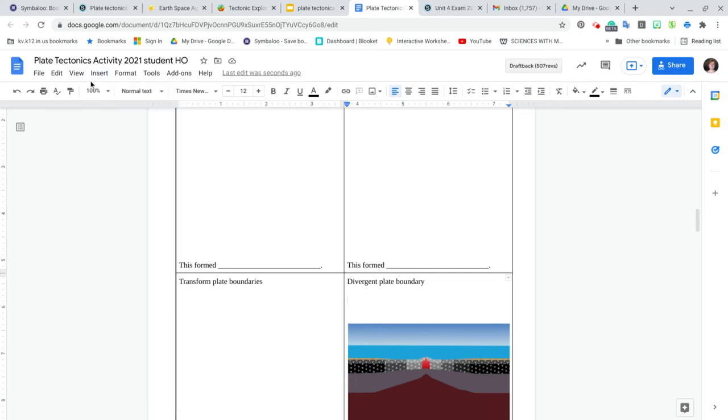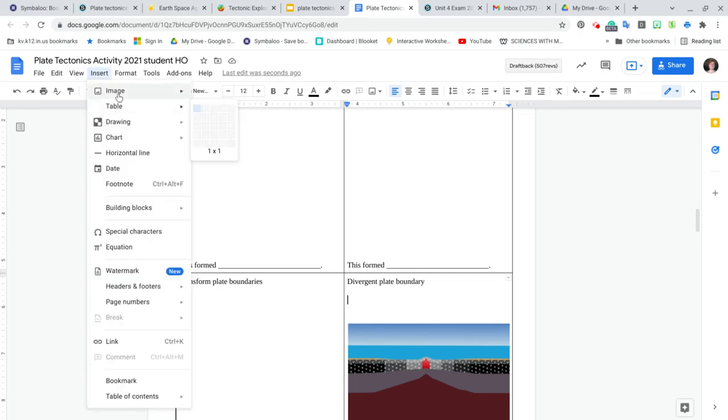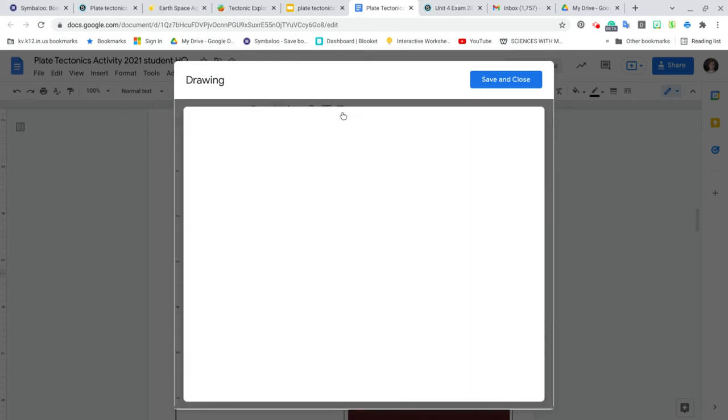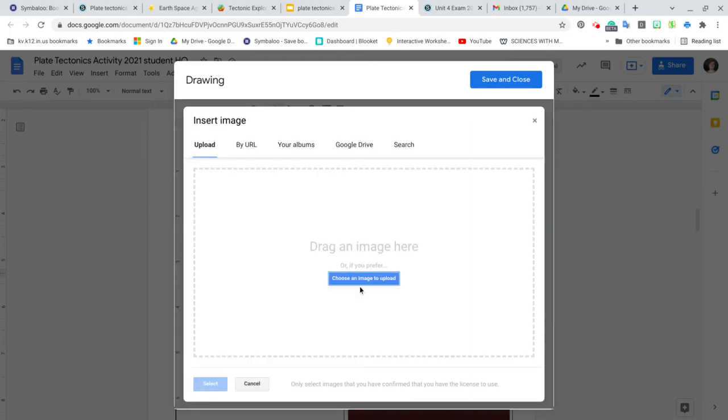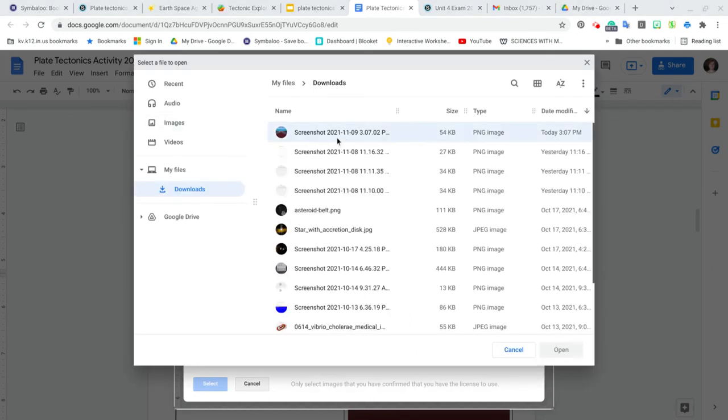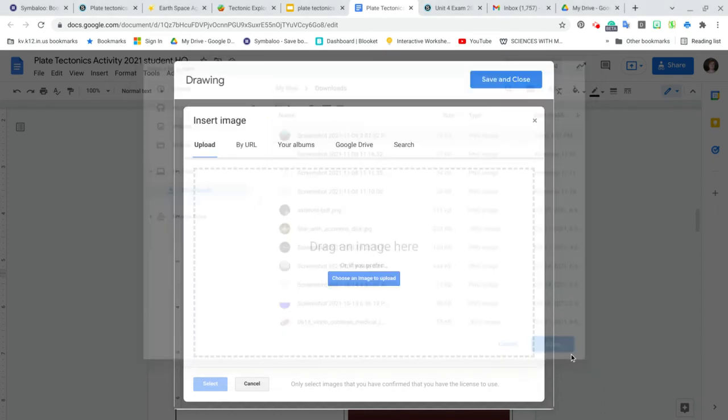If I'm here, it might be easier to insert drawing. New. Okay, this is the better way to do it because then you can label it. I can add my picture. The picture that I just had. That one, okay.